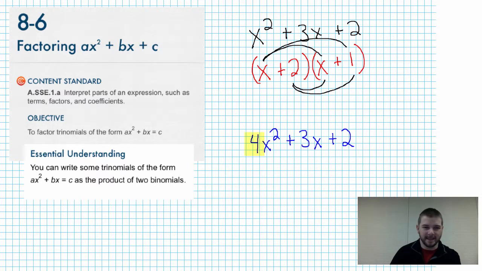In section 8.6, factoring ax squared plus bx plus c. The objective of this section is to factor trinomials of the form ax squared plus bx plus c. An essential understanding for this section: you can write some trinomials of the form ax squared plus bx plus c as the product of two binomials.